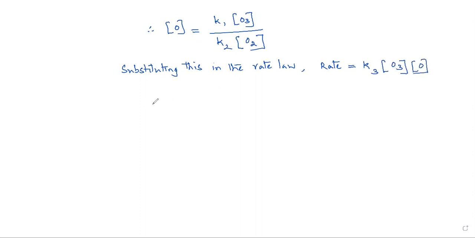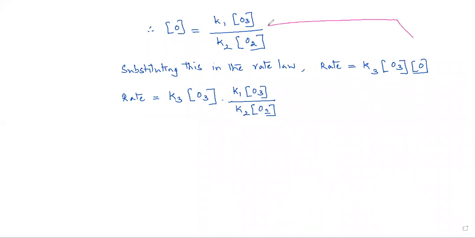So now rate can be written as K3 into, keep O3 as it is, then what is O? K1 into O3 by K2 into O2. We have just substituted this here.